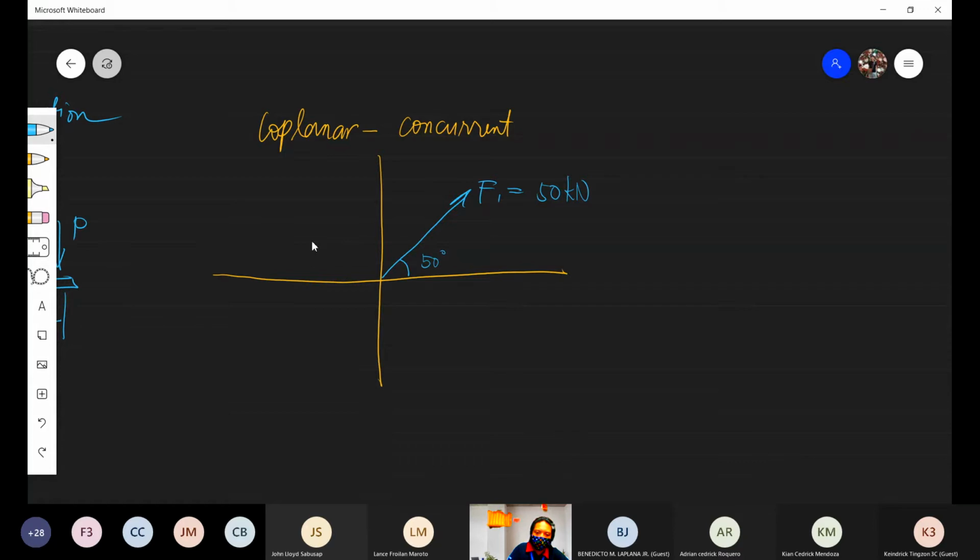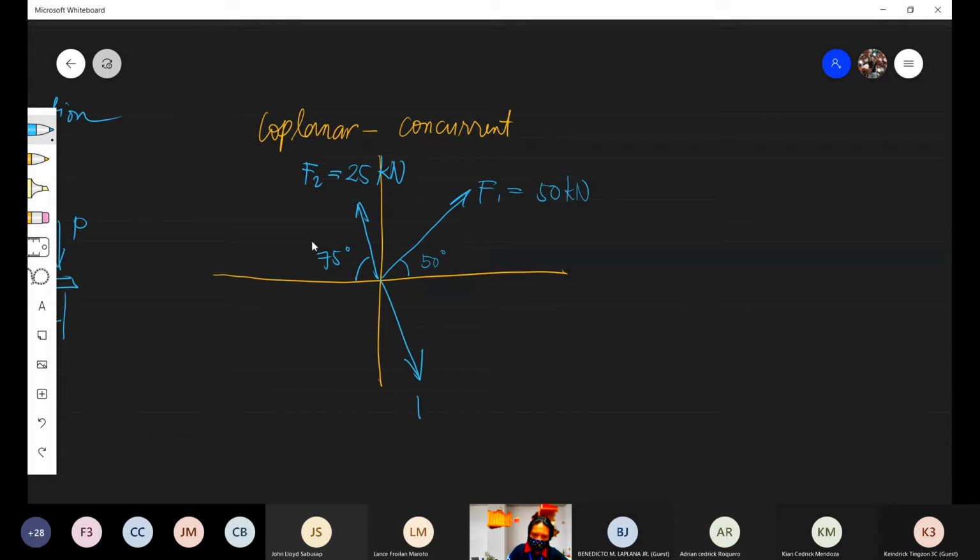And say you have another force here. It is F2, 25 kilonewton. And say the angle it makes with the horizontal is 75 degrees. And another force here.